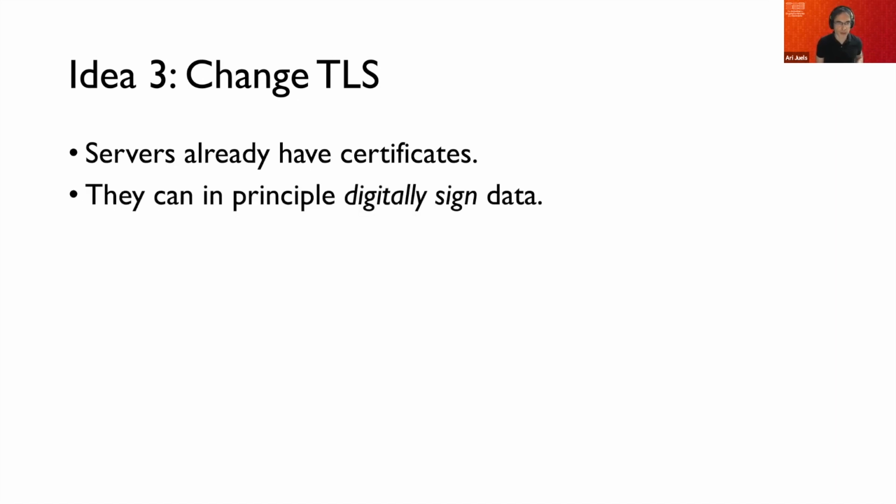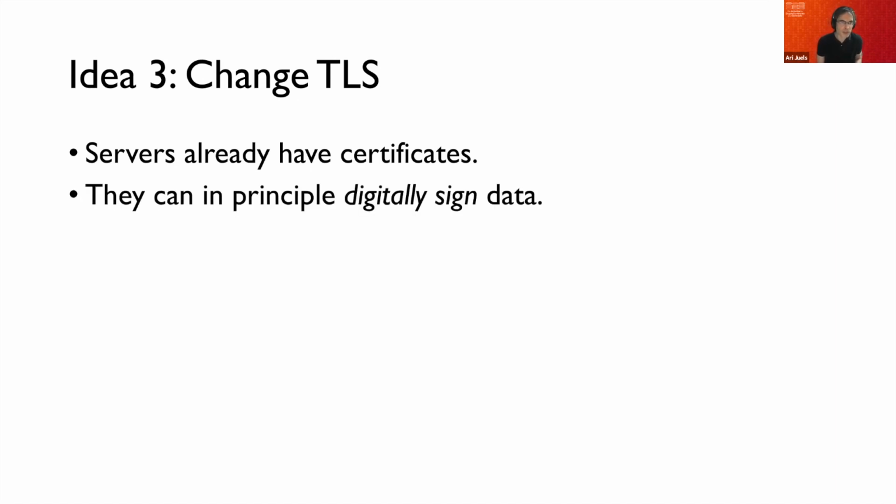So another approach that's been proposed to the construction of proofs of the type that Alice would like here is to modify TLS. Right? Because of the use of public key cryptography in the key exchange, because of the use of public key cryptography for Alice to determine that she's actually communicating with the bank, servers already have certificates.